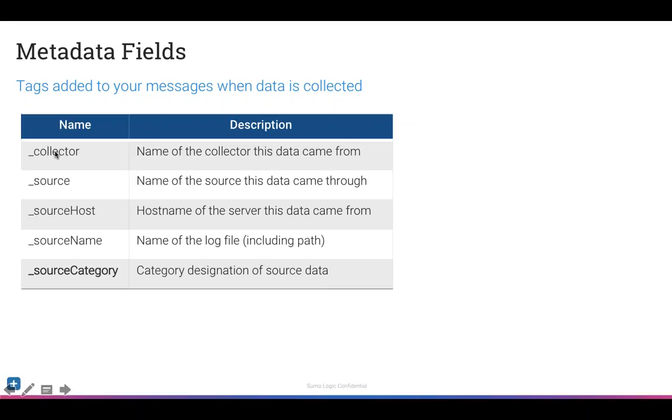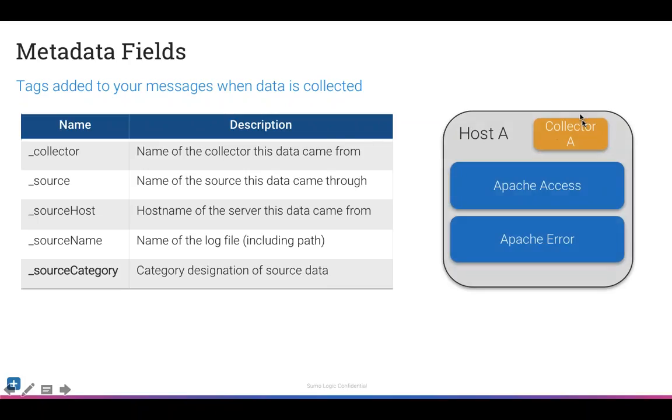Where the data is coming from, so the collector that the data is coming from, so in this case it would say collector A. The source that data is coming from, in that case it could be Apache Access or it could be Apache Error. The source host, in this case it would be host A. The source name, which is the name of the log file, including the path of where that message came from.